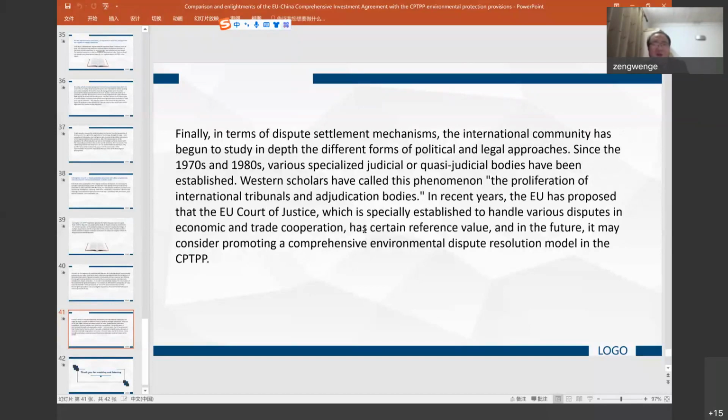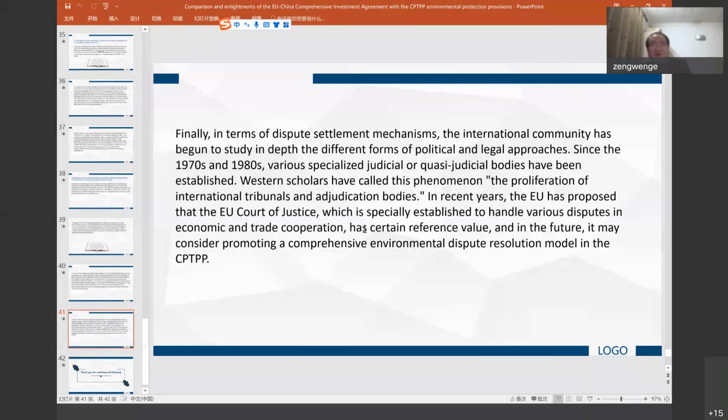Various specialized judicial and quasi-judicial bodies have been established. Western scholars have called this phenomenon the proliferation of international tribunals and adjudication bodies. In recent years, the EU has proposed the EU Court of Justice, which is specially established to handle various disputes in economic and trade cooperation, and has certain reference value.